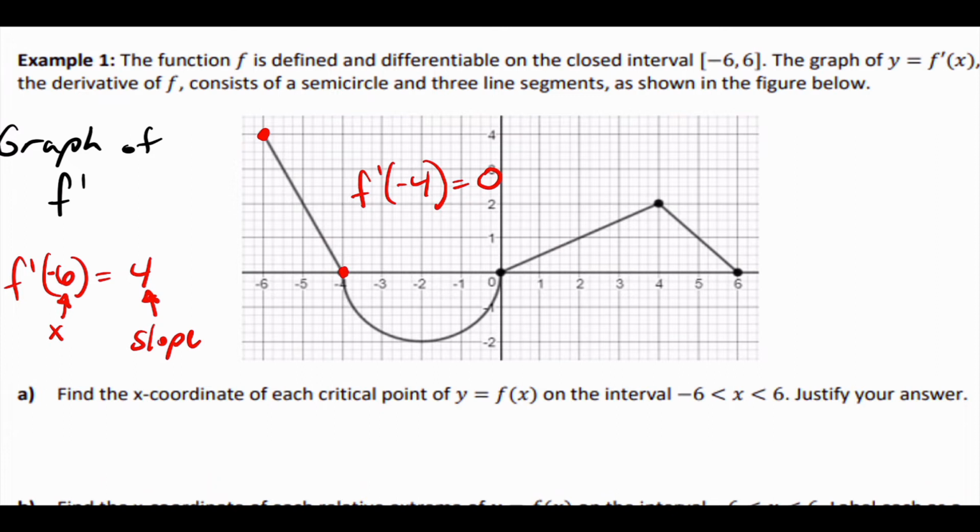So what does that mean? If I had a slope of a tangent line of 0, what does that mean?